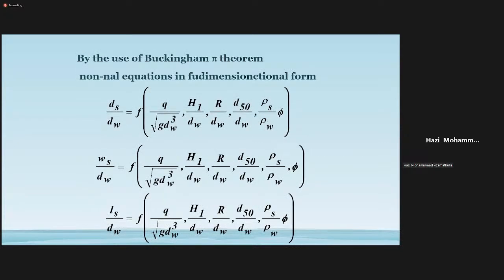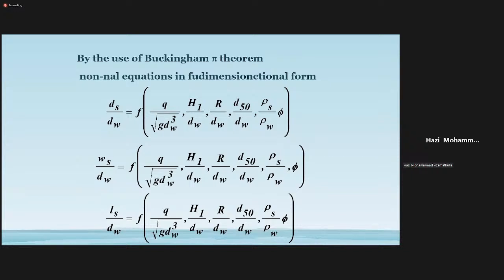Then I got this after using the Buckingham Pi theorem. You can use a very simple method: take repeating variables and you will get these groups. This first one you can call the densimetric Froude number. Some people change it somewhat; I just say Froude number. It is Ds by H, meaning depth of scour versus your head.